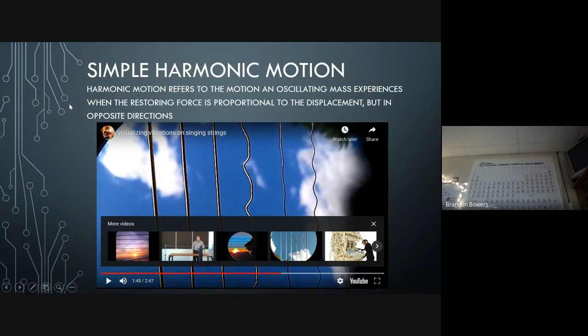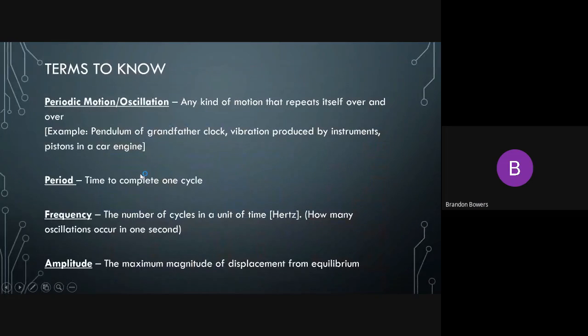All right. So it's more like here are some definitions.